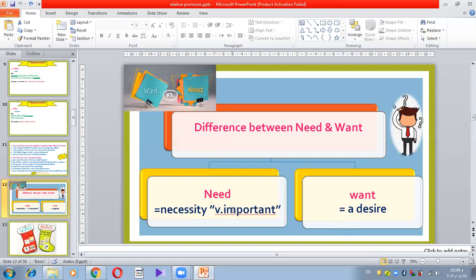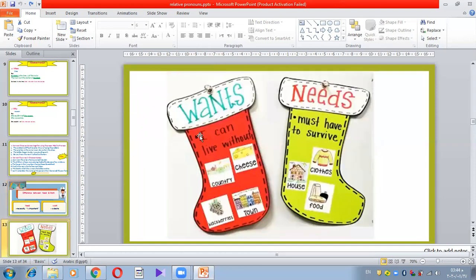So let's see the difference in examples to make it clearer for you. Again, need means what? Must have to survive. It's a necessity to survive, to live. Like what? Like clothes, for example. Nobody can live without clothes. Food, you can't live your life without food.